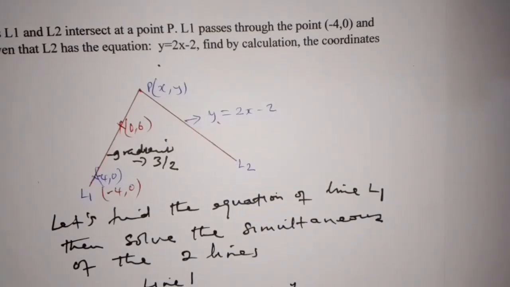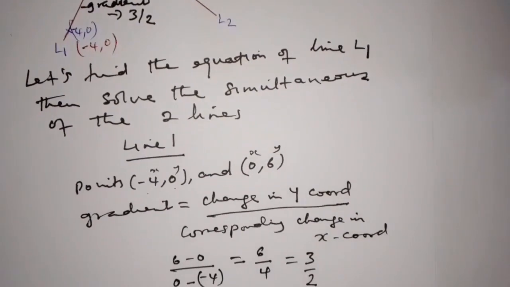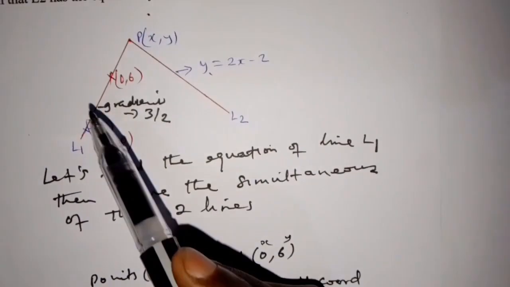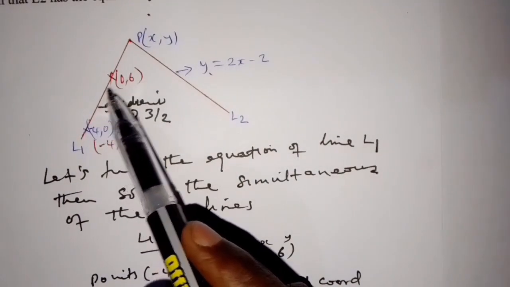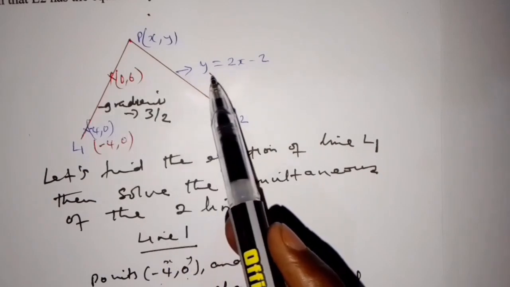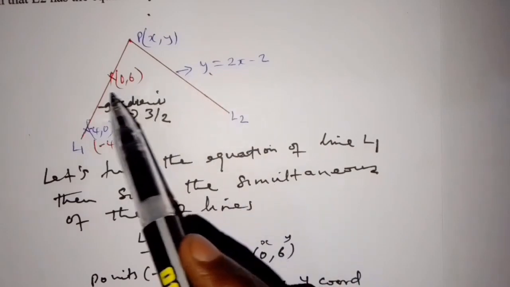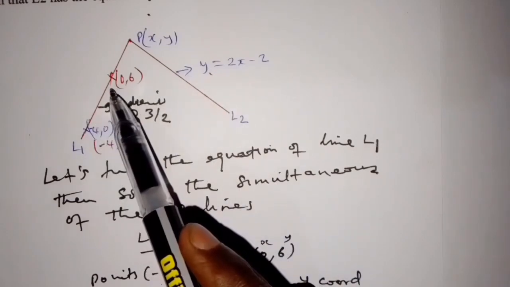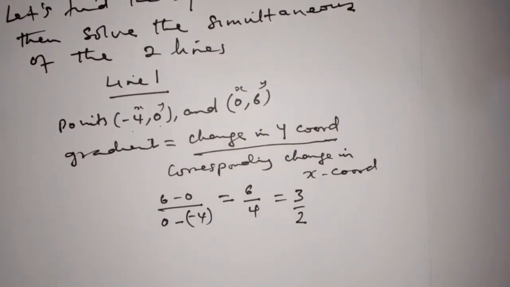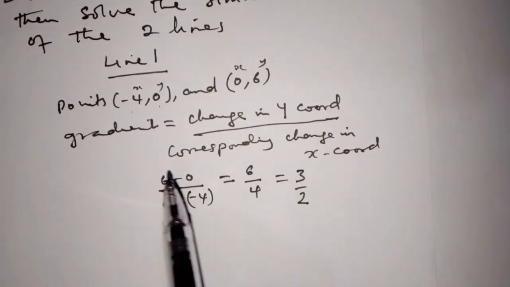So now what we can do is find the equation of this line so that we can have two equations. We'll have this equation here, y equals 2x minus 2, and another equation for this line, so that we can solve simultaneous equations.